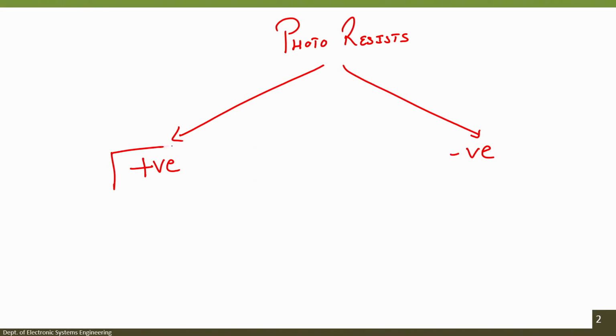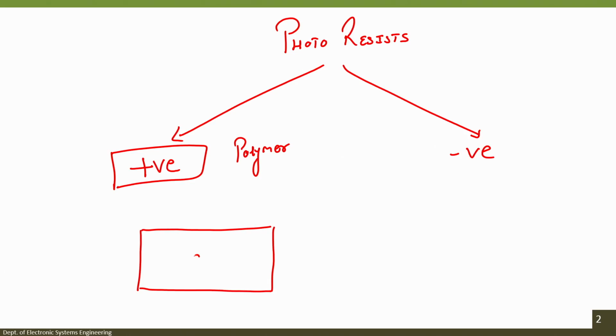Now, let us see what is positive photoresist. Photoresist is a polymer which is photosensitive. Let us say I have photoresist on a silicon dioxide layer on a silicon wafer, because we have learned how to grow silicon dioxide. This becomes an oxidized silicon wafer.